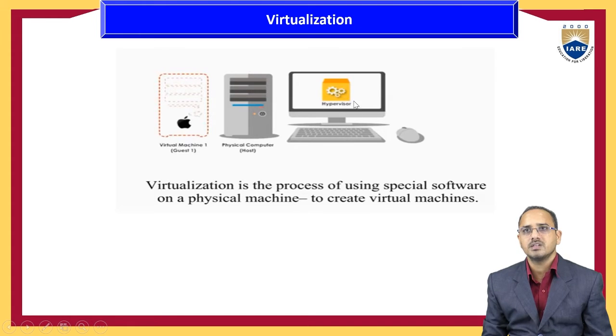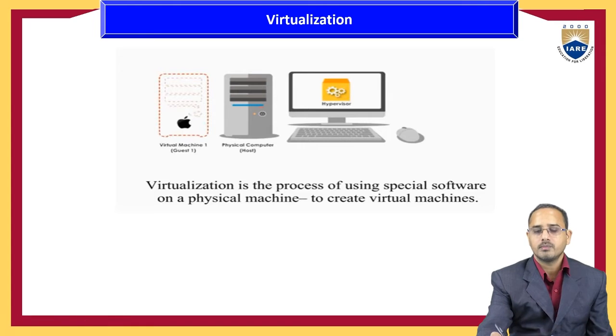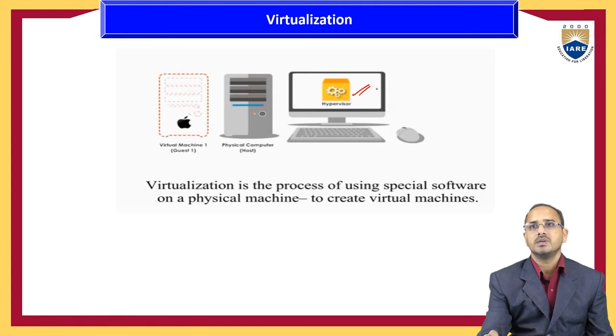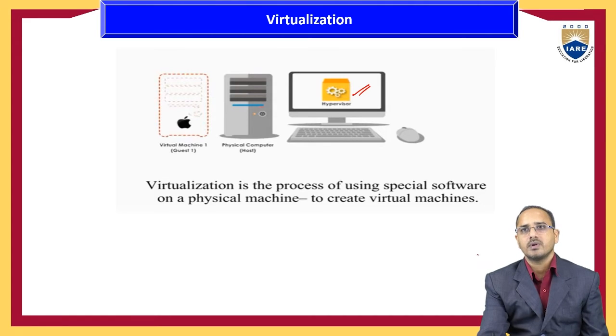That special software is the Hypervisor, which is installed here. The Hypervisor is a specialized software which needs to be installed on a physical machine in order to create a virtual machine.